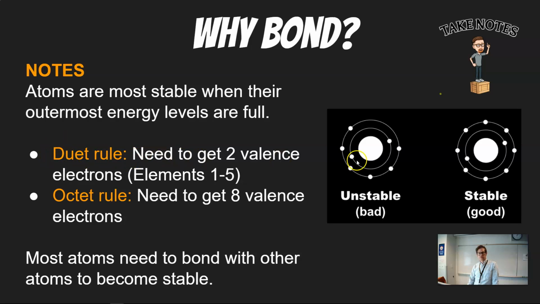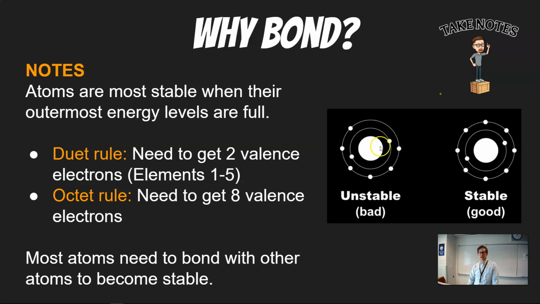The duet rule says that stable means having 2 electrons in the outermost energy level, like just this ring right here. And that's elements 1 through 5: hydrogen, helium, and a few others, lithium, beryllium, and I can't remember the fifth one.